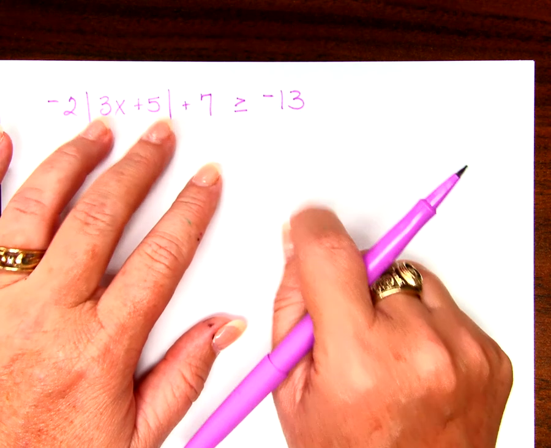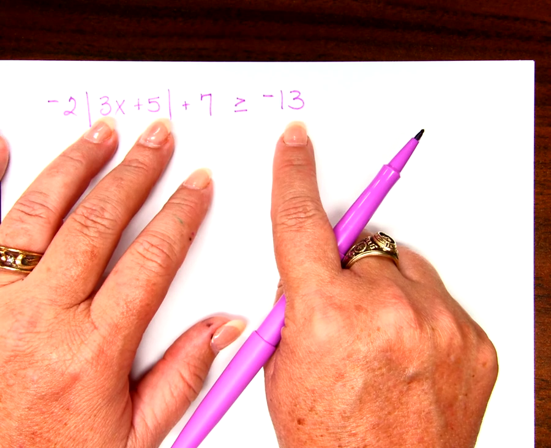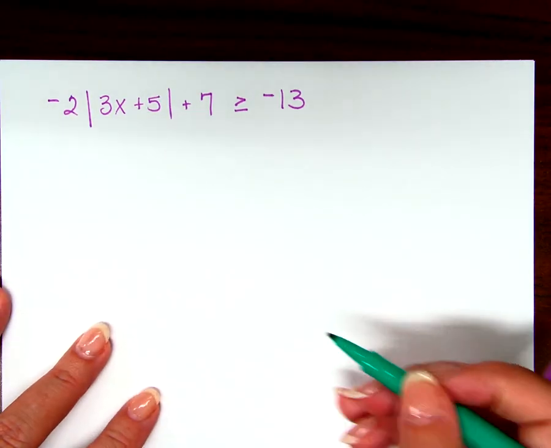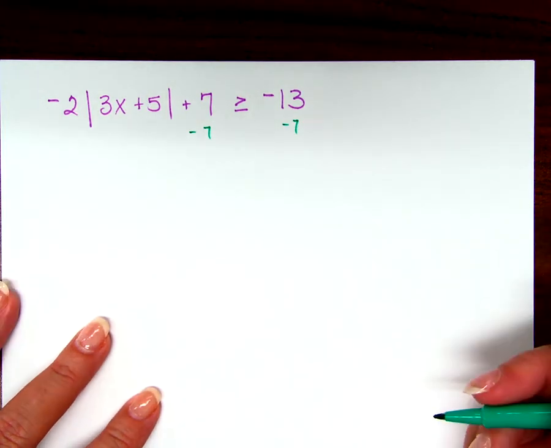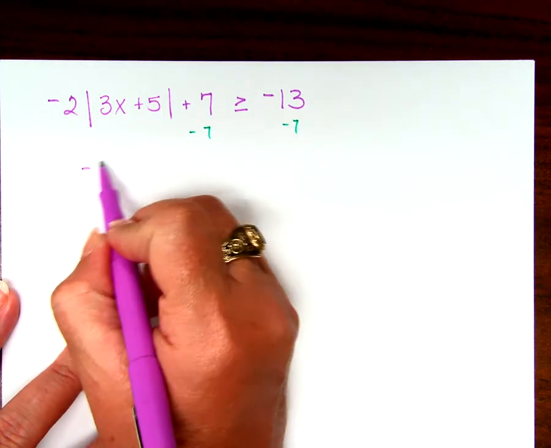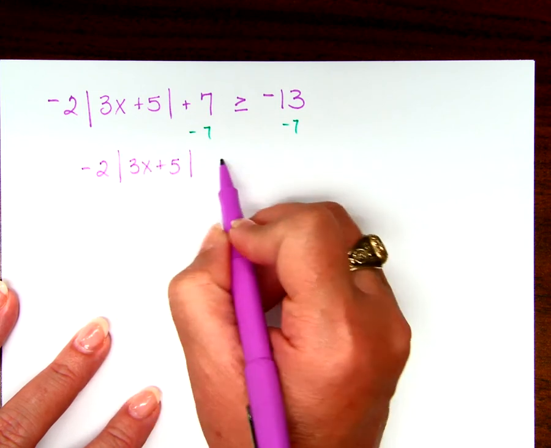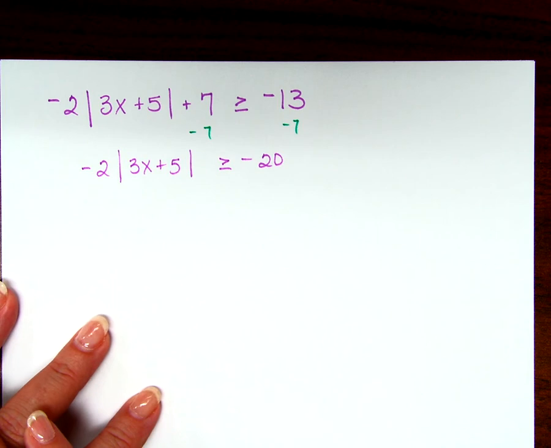Can't really do anything till the absolute value is isolated, but maybe a little spidey sense to show that you're paying attention. Okay? What do I do first? Because the goal right now is to isolate the absolute value, right? And now what?